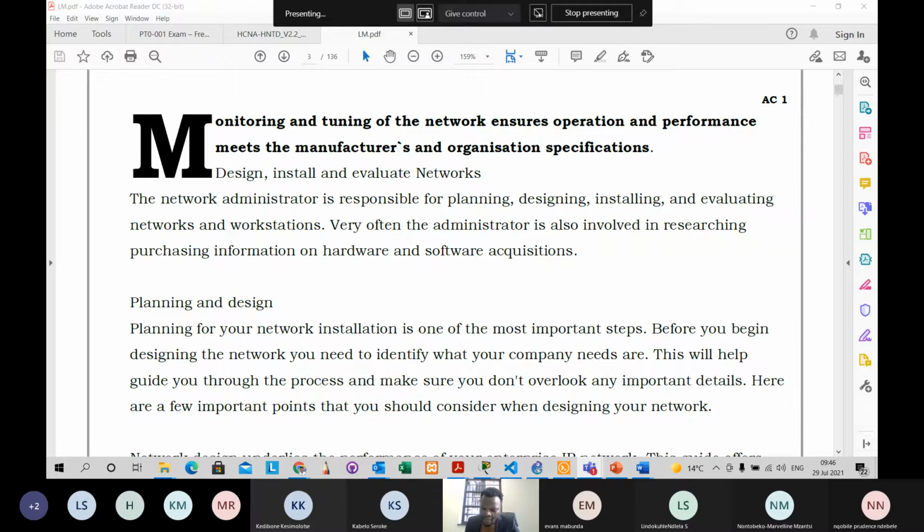So that's number one. Once the client tells us exactly what their requirements are, we move to design. Designing is based on the information that we received from the client. They gave us the requirements, the number of users, and that it's a temporal network.